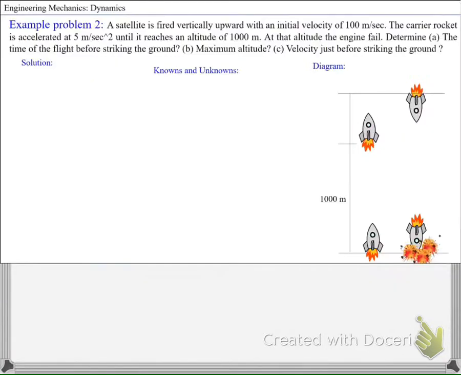Let's see what is the problem. The problem says that a satellite is fired vertically upward with an initial velocity of 100 meter per second. So our knowns are: initial velocity u is 100 meter per second. The carrier rocket, the rocket which is carrying the satellite, is accelerated from the beginning at 5 meter per second square.